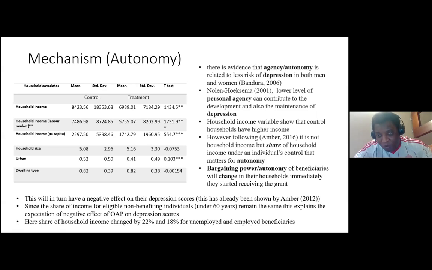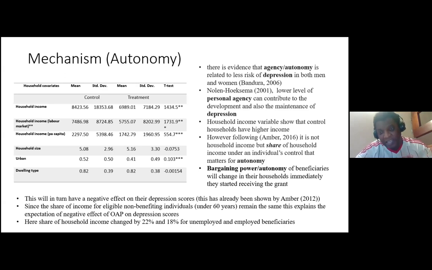And the mechanism, what we think is happening, is that it is not actually the household income that matters in this case, because this has to do with personal agency. It has a lot to do with the share of income an individual actually controls.